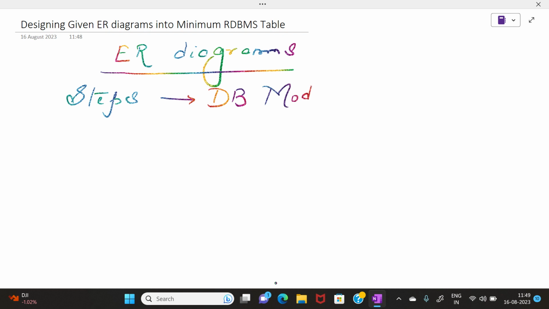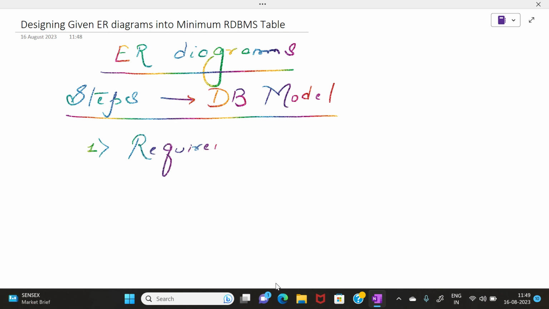The very first step is the requirement analysis, or the requirements. First we see what the requirements are, and that can be given by the user: what entities we need to have in our database, what their properties are, how they are related, and so on and so forth.